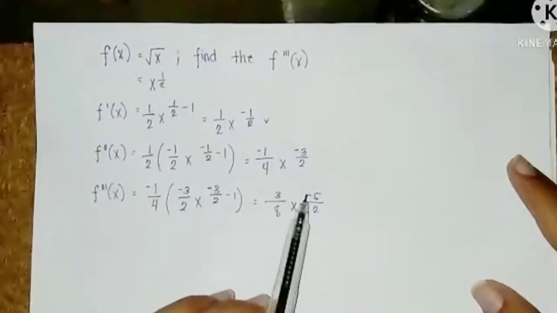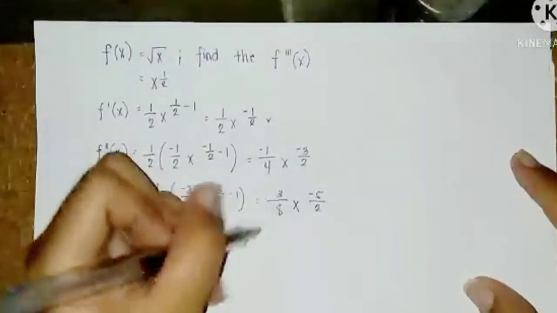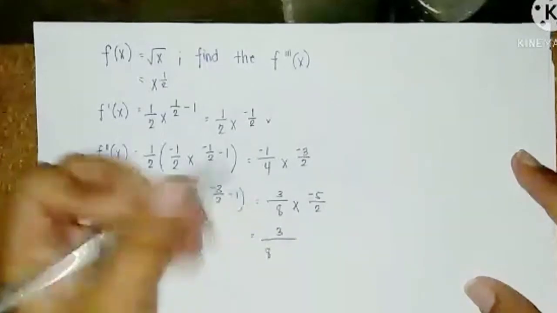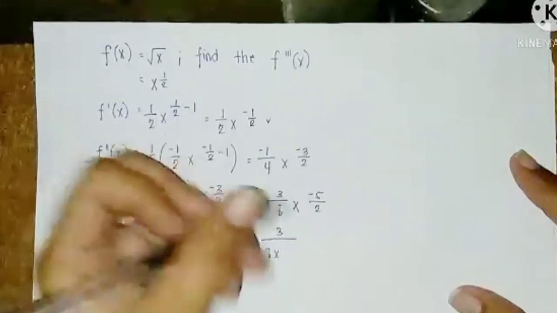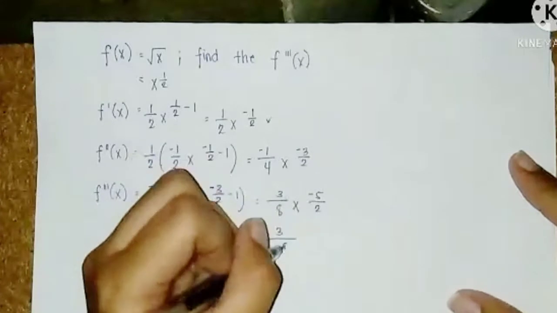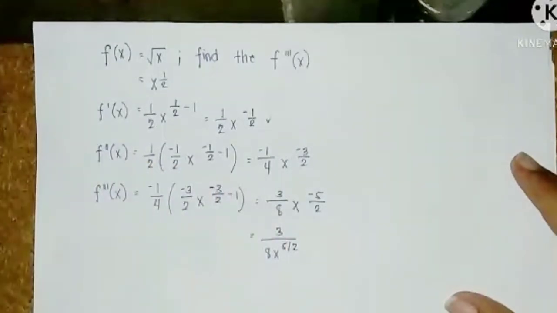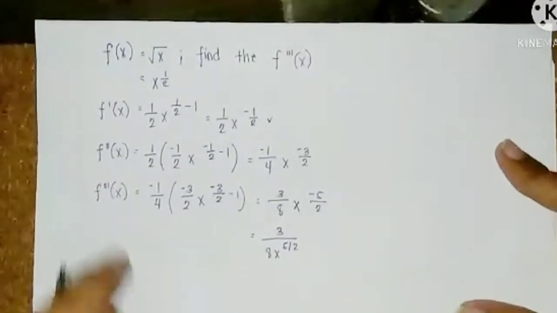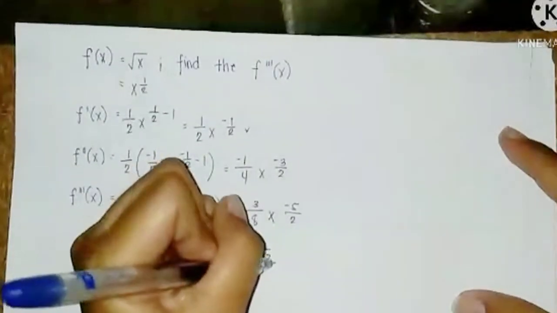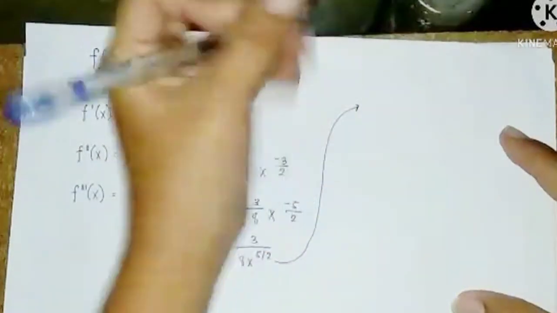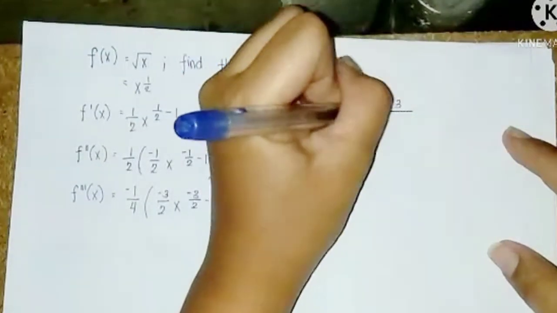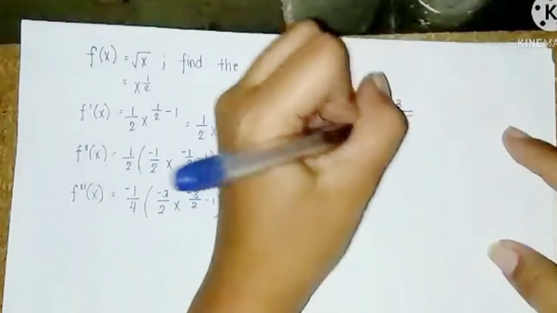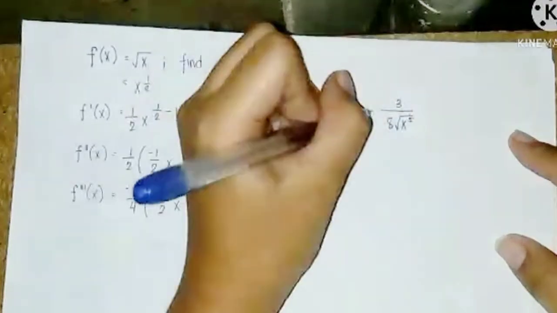And to eliminate the negative sign in the exponent, we will have 3 over 8x raised to positive 5 over 2. So we will write this into radical form, and that is 3 over 8 square root of x raised to 5.